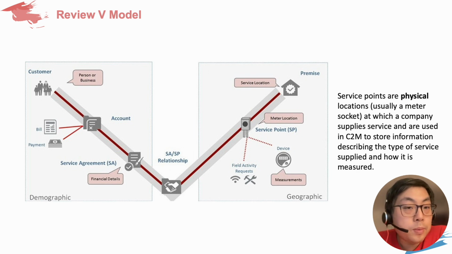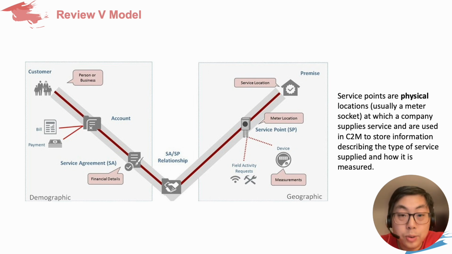So service point is on the right hand side of the V model. A lot of people, when they see the V model, think premise is the physical location and service point is kind of a logical meter point.